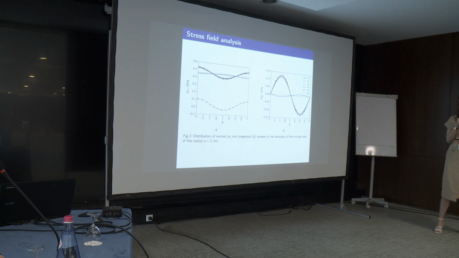If we look at the distribution of normal and tangential stresses, we have another picture. Here, this one is for the fifth model, and we also have a difference for the third and fourth models. Again, the black curve corresponds to the full model. We can see that the fifth model is also different, and there is a difference between the third and fourth.